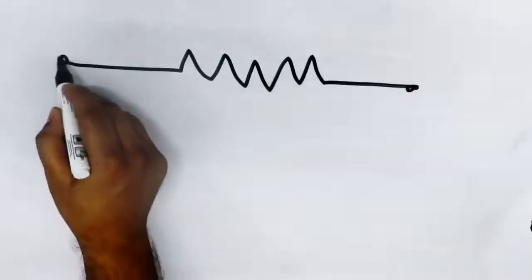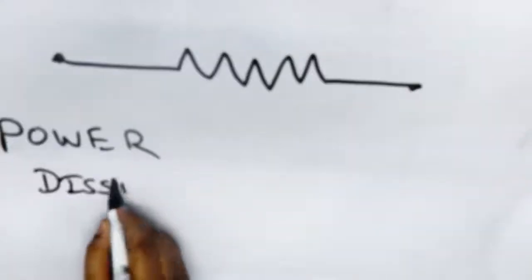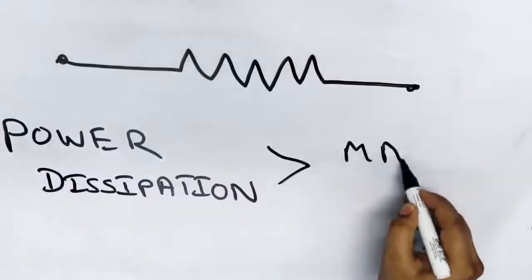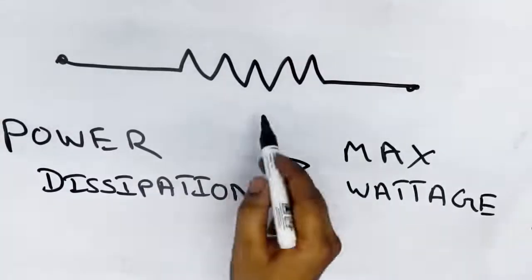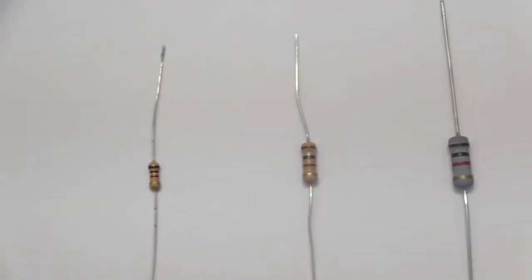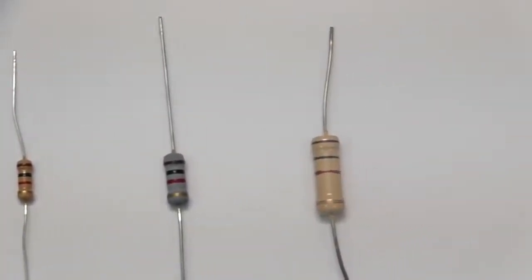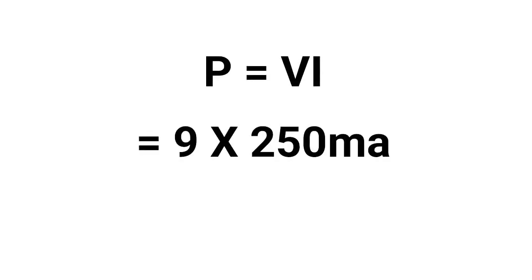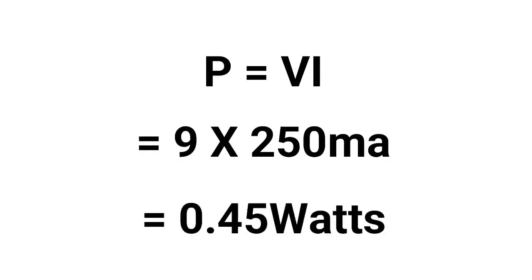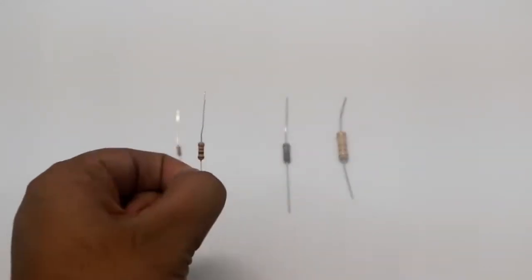If the dissipation in a resistor exceeds the maximum wattage rating, the resistor is likely to fail and smoke. You can find different wattage resistors for a given resistance value. Higher the wattage rating, bulkier the resistor will be. Hence, pay attention to the power dissipation in a resistor and choose the resistor that fits your need.